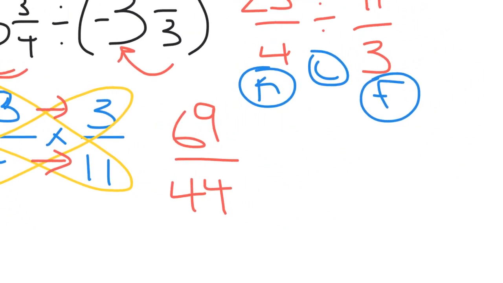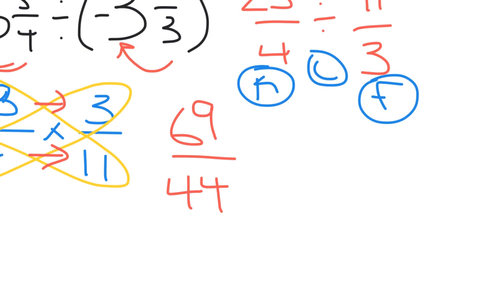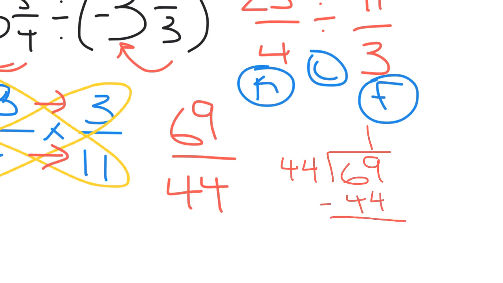Cowboy goes in, horse stays outside. 44 is only going to go into 69 one time. 1 times 44 is 44. I subtract and I get 25. Now, 44 is not going to go into 25, so this is my remainder.